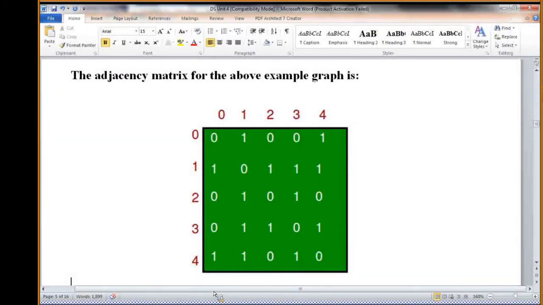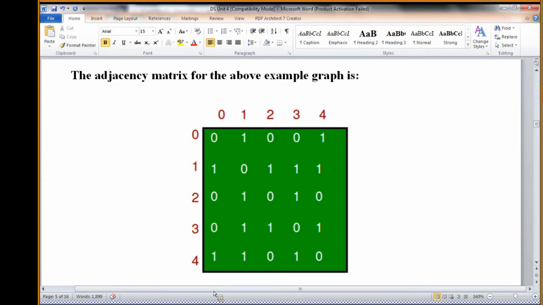So note down the adjacency matrix for the above example will be like this. 0, 1 connected, 0, 2 no, 0, 3 no, 0, 4 connected.